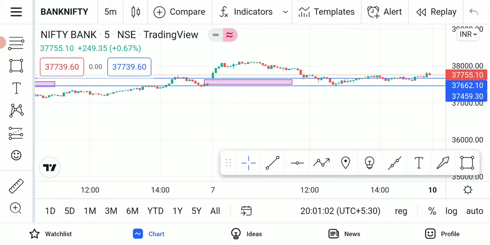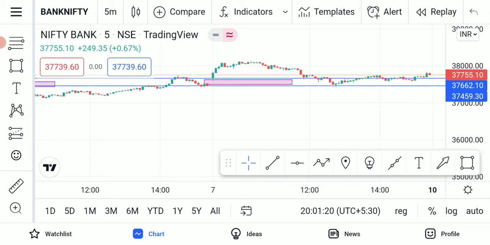Those are weak pin bars. Buyers are trying to buy, but sellers are trying to gain control, so some consolidation will happen.